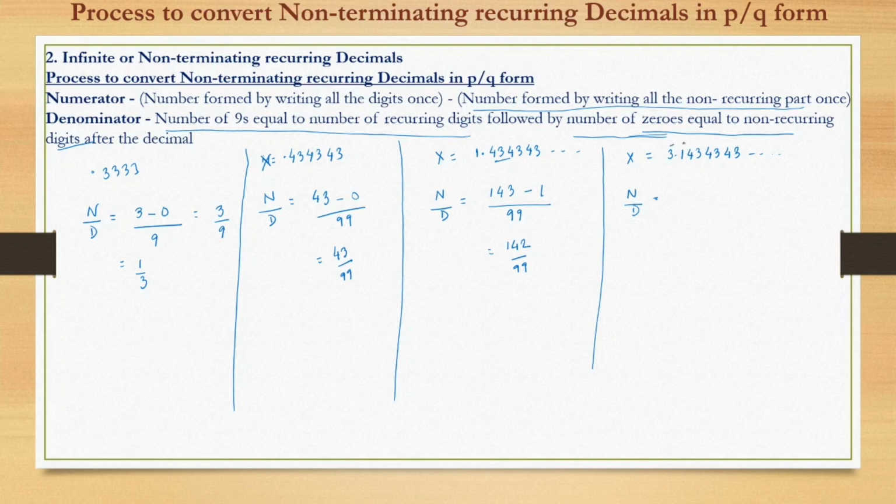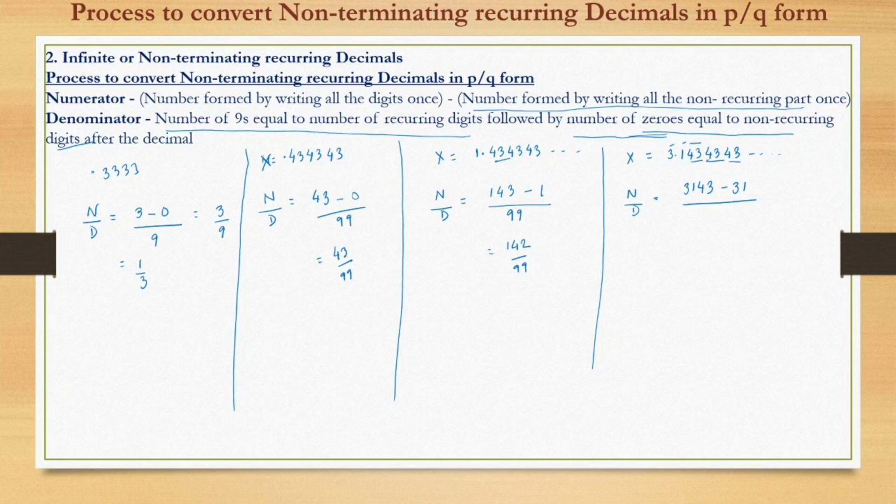We have 3, 1, and then 43 is repeating, so we write 3143. So the number formed by writing all the digits once is 3143, minus the number formed by writing the non-recurring part. 43 here is recurring. What is non-recurring is 31. So we subtract this.